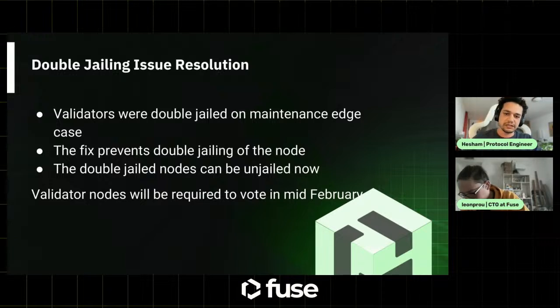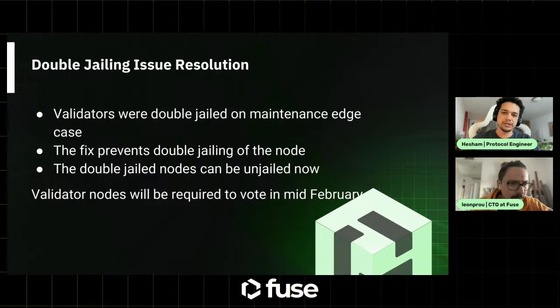As our consensus operates on cycles, the maintenance request will take effect only at the end of the cycle. So this fix would prevent the node from being jailed twice, and also free the nodes that are affected by this issue.